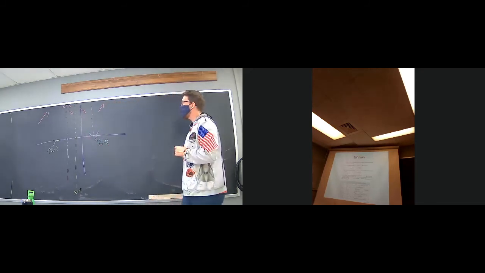Let's go ahead and sort of bottom that out, right? We know we're increasing on the interval negative infinity to negative 3, so we have to cross through that point, negative 5. Let's put something through that. From here, what else do we know?